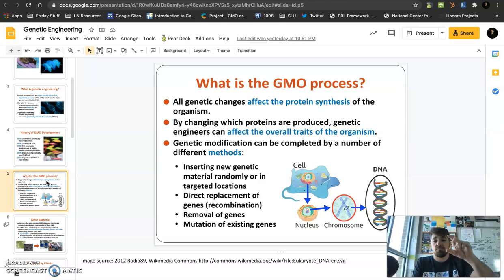So if let's say I have the short gene and I want to put in the tall gene, I can take the short gene out, put in the tall gene, and then look at me, I'm not short anymore, right? Or you can remove genes altogether. And then another way here is you can mutate, you can manipulate or change up the letters within existing genes, again, with the whole idea being that it changes the protein that it produces.